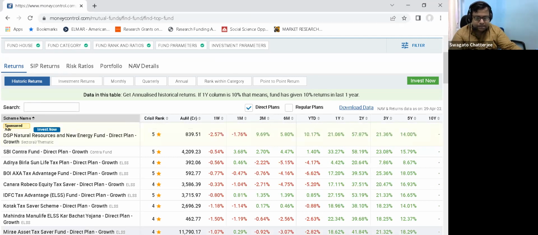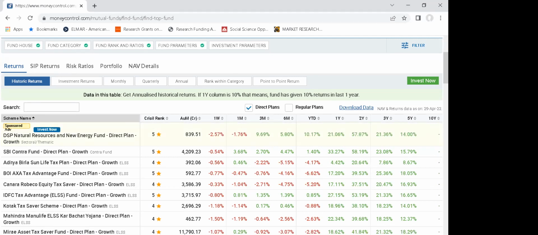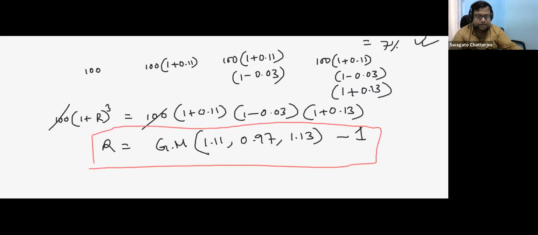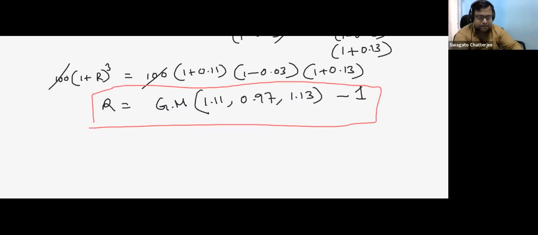We are calculating CAGR only here. Even the equation that I have shown just now is also CAGR only. You see what I did just now. So what is CAGR?